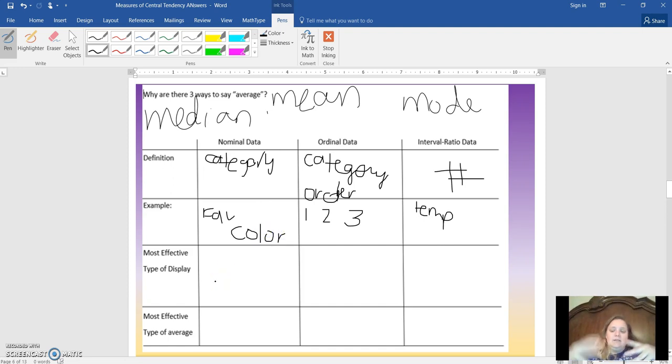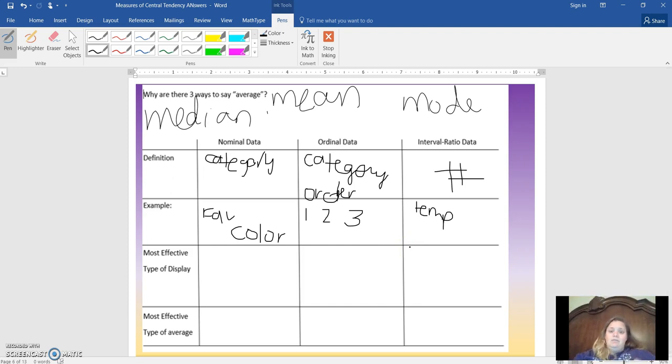All right, and then depending on the type of data that it is depends on the best way to display the data and then the best type of average. When you have interval ratio data, which is the bulk of the data that we're going to look at, you can do a bar graph, a circle graph, a line graph, any of the graphs.